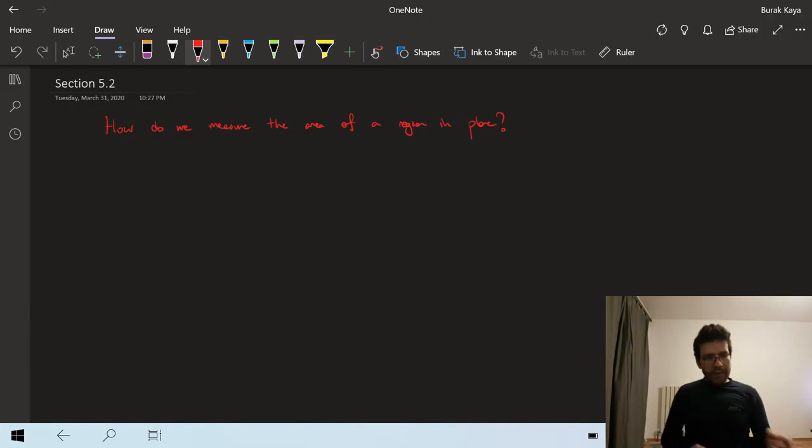Okay, before answering this question, maybe we should focus on the easier question, which takes place in one dimension. How do we measure the length of something? For example, let me grab this tablet. This length is approximately 0.25 meters. But what does that really mean?